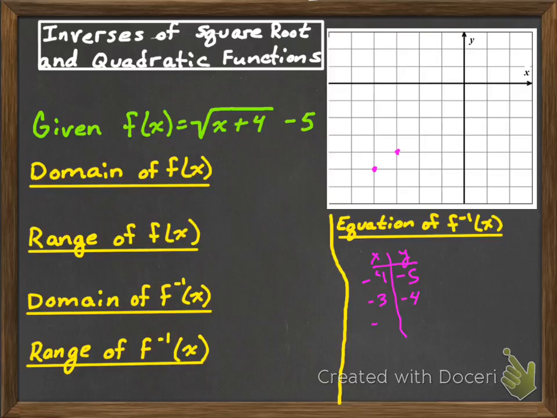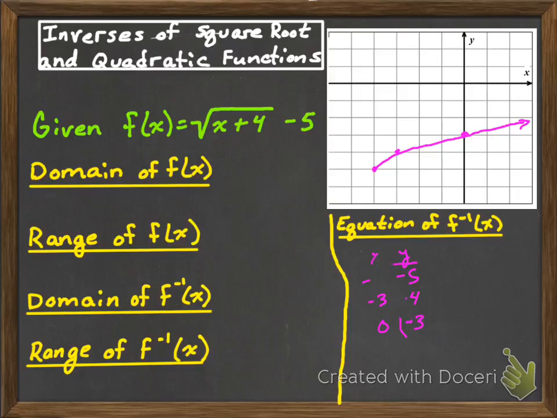If we let x be 0, because 0 will work out evenly here, 0 plus 4 is 4. Square root of 4 is 2. And 2 minus 5 is -3. All right, so there's 3 points that we can use to sketch the square root graph going in this direction.